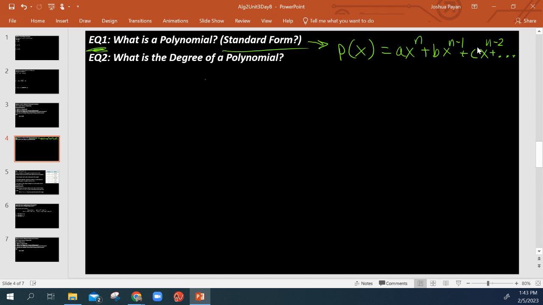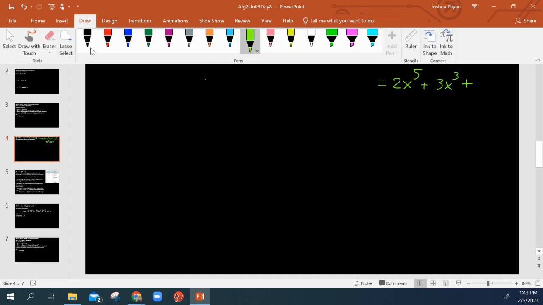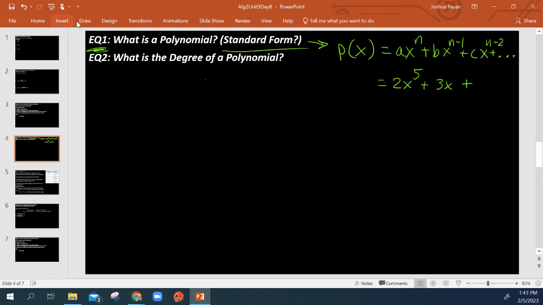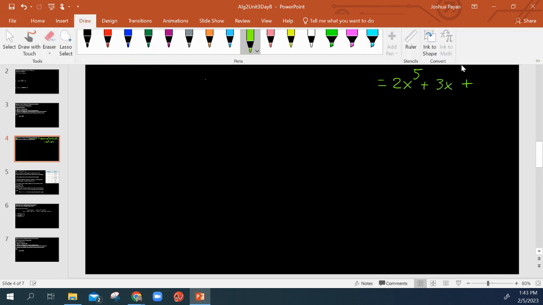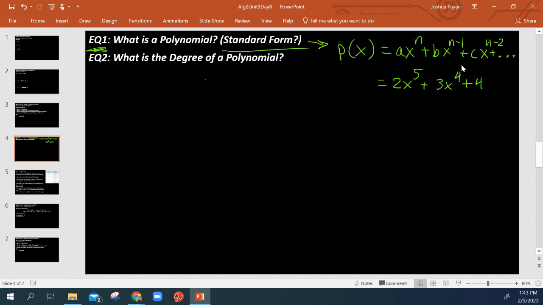Basically, for example, we could say 2x to the fifth power plus 3x to the third power plus 4, and so on until we get to the lowest power of x that we have, right?